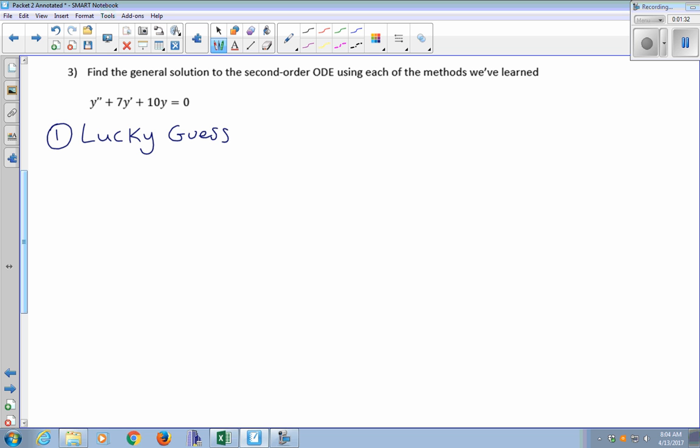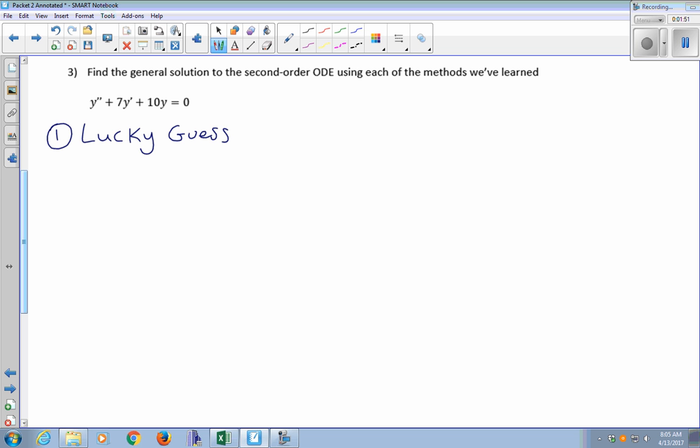For the harmonic oscillator, we said, okay, you're adding together a second derivative, a first derivative, and the function itself and getting 0, which means those three functions would have to all be like terms. So our guess is something exponential.